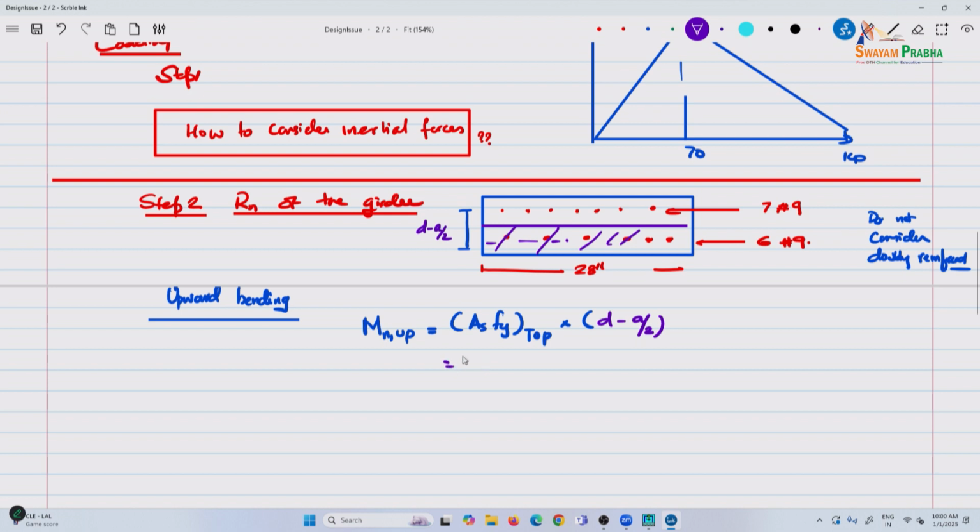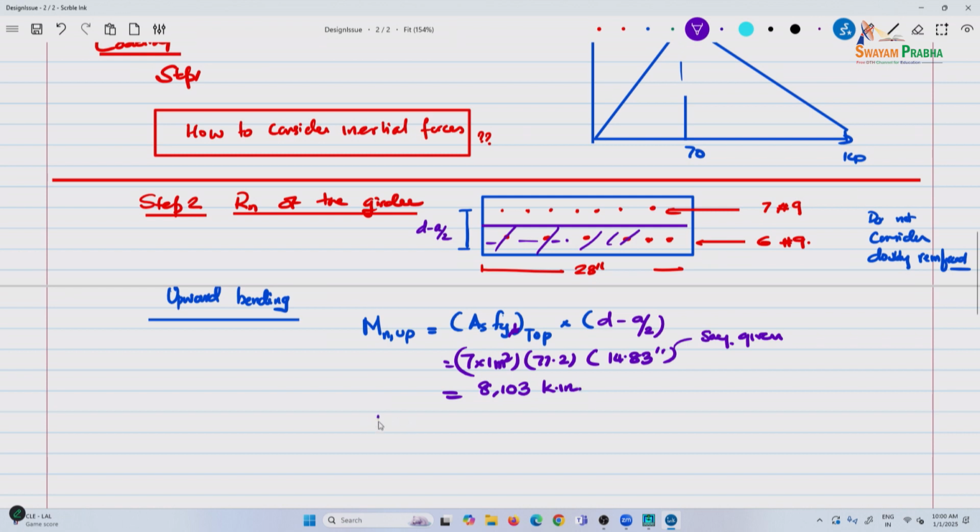Here the area is 7 times 1 square inch, the Fy dynamic is 77.2, and d minus a/2 you can take as given, or calculate it. All of this comes to about 8,000 kip-inches.